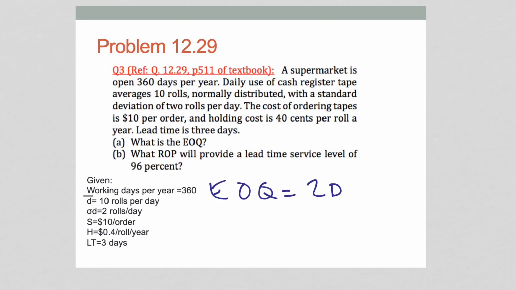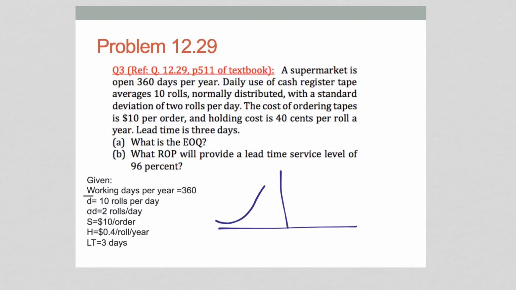Part B is, what reorder point will provide a lead time service level of 96%? So the first thing we want to do is, the service level of 96% means, let's draw a little normal curve. So here, all this is the service level, 96%.